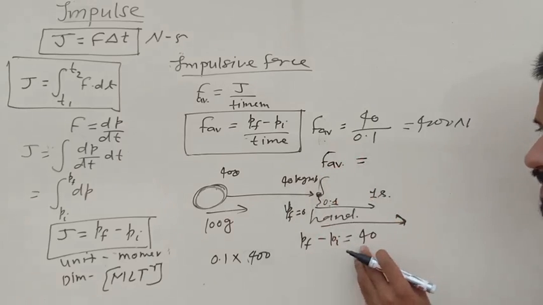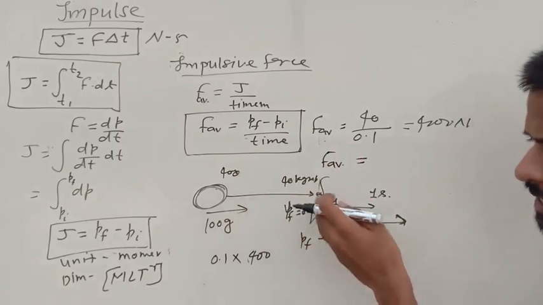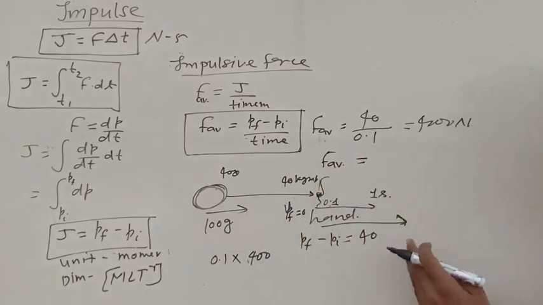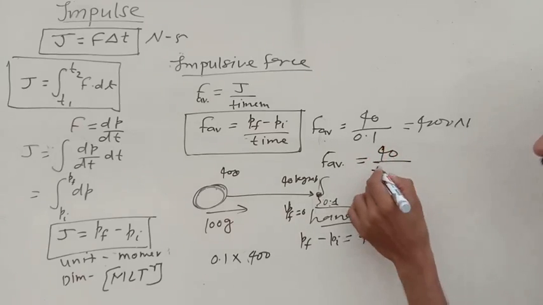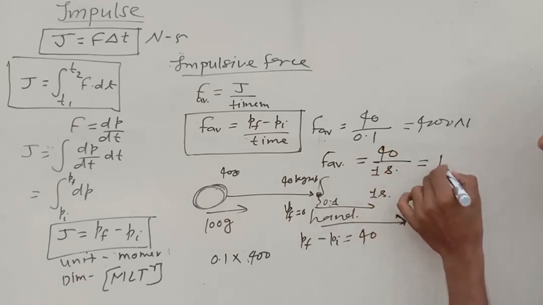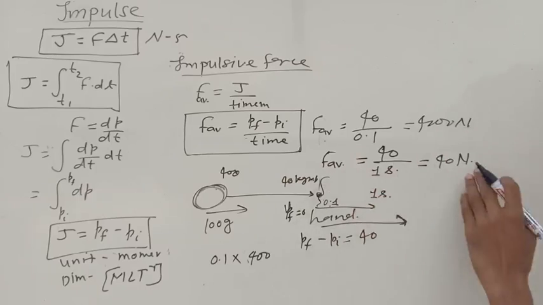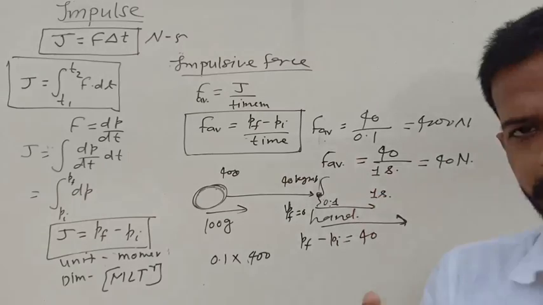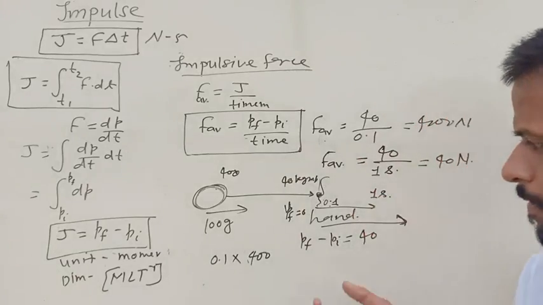The change in momentum is again the same, because before the catch the momentum is the same, and after catching the ball momentum becomes 0. But time is 1 second. Then the force is 4 Newton. Here force is 40 Newton, here force is 4 Newton. Then it avoids the injury.